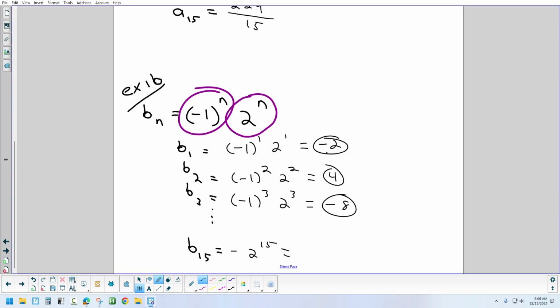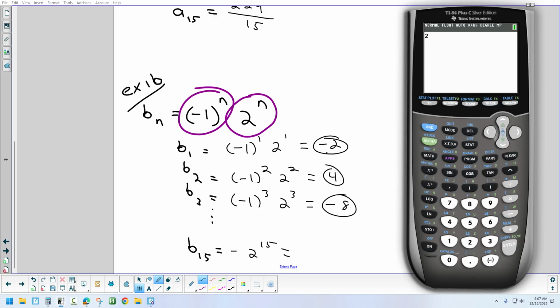And then we need 2 to the 15th. Now, when we're doing this out, if the number starts to get really big, like into the billions or trillions, we probably won't do it out. But 2 to the 15th power, we will do that out. So let's raise 2 to the 15th power, and we get 32,768.